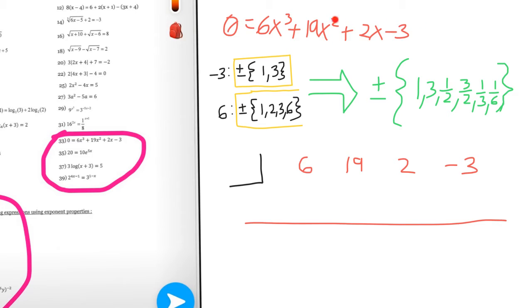Had we been missing one of these exponents in the chain of descending exponents, like for example, if there was no 19x squared here and it just went from 6x cubed and then the next thing was 2x, keep in mind that you'd still have to represent a placeholder for the x squared term. So you would literally write 0 there, because it would be like 0x squared plus 2x minus 3, all right?